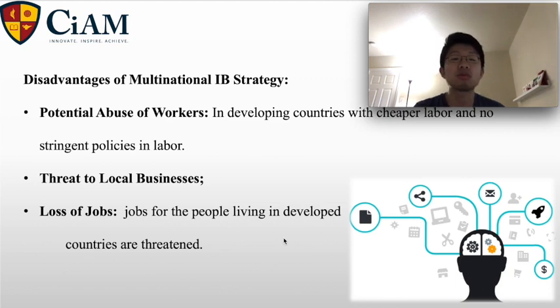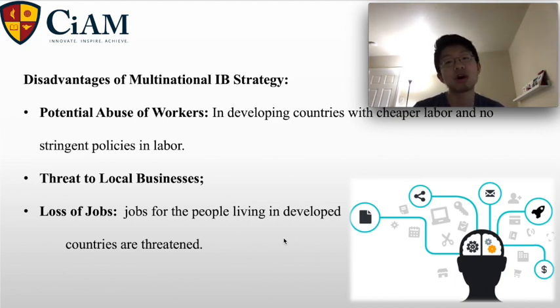And the third one will be the loss of jobs. These are jobs for people living in developed countries, which are threatened. Although the companies have helped to develop a lot more jobs in the developing countries, their origin markets suffer from that because they transfer a lot of job opportunities to other parts of the world.